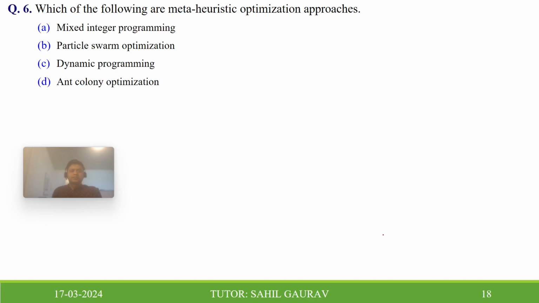Now the next problem is: which of the following are the metaheuristic optimization approaches? And this is a multiple select question. More than one option is correct. Particle swarm and ant colony. Yes, very good, Rahul. So B and D are correct.